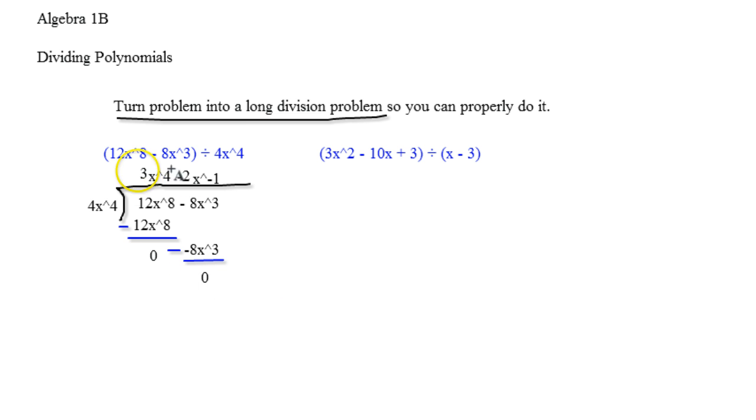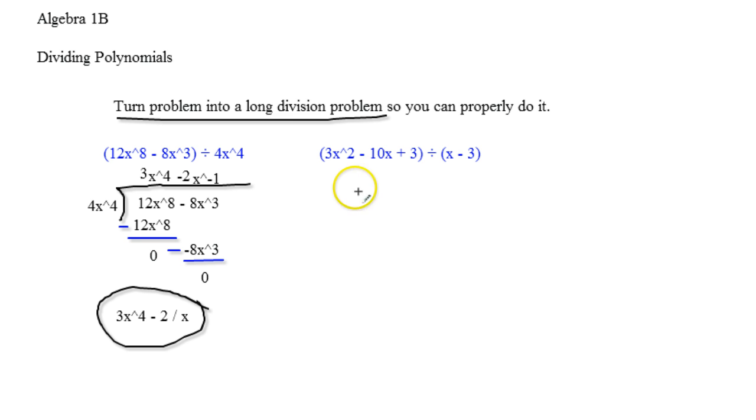Now here's a weird thing, is that when I rewrite it, it's just going to be rewritten as 3x to the fourth. That's not too abnormal. That's pretty typical. But then it's going to be minus 2 divided by x, because we're going to reciprocate that x to the negative 1 and just work with it that way. Okay. All right, the cool thing is, there's your answer. That's how it's going to work, and turn a long division problem into it.